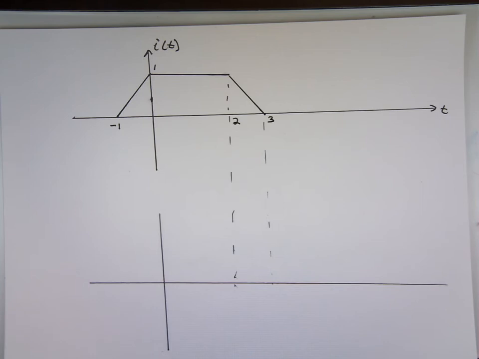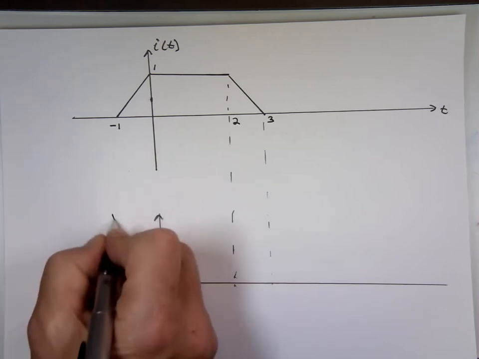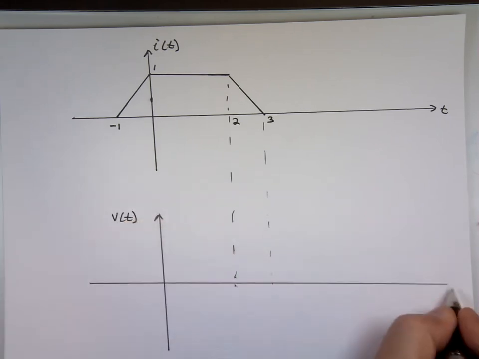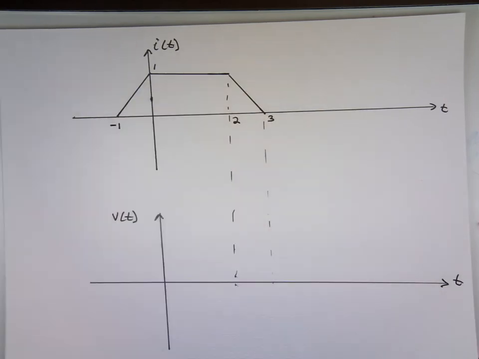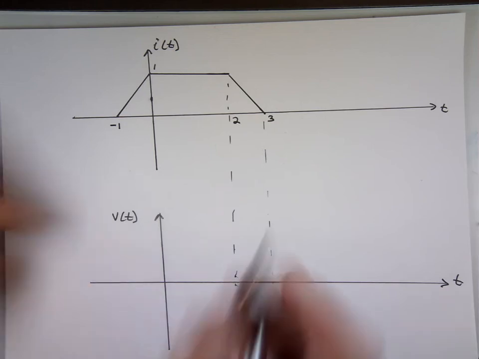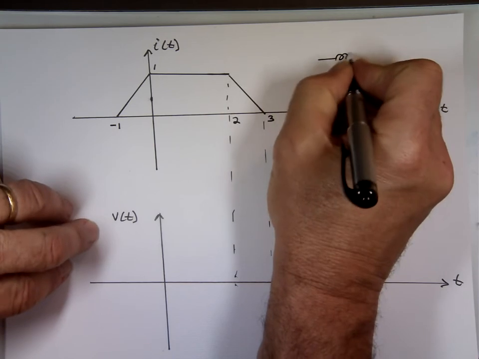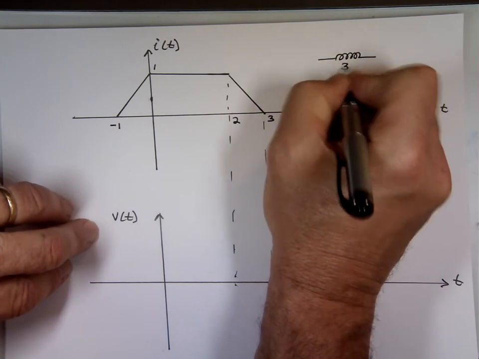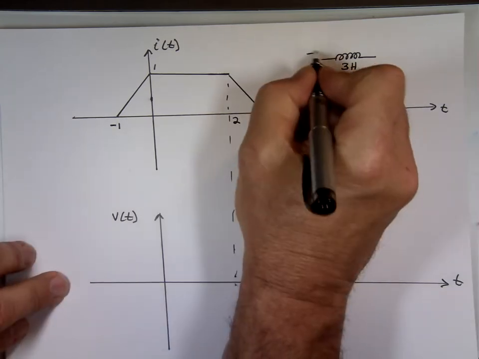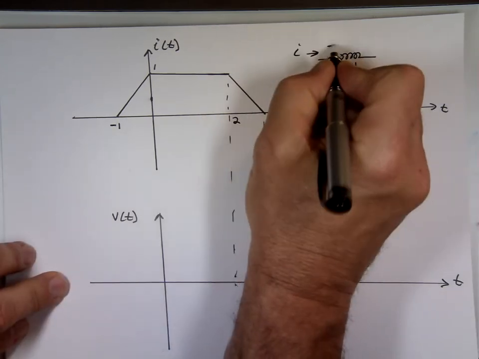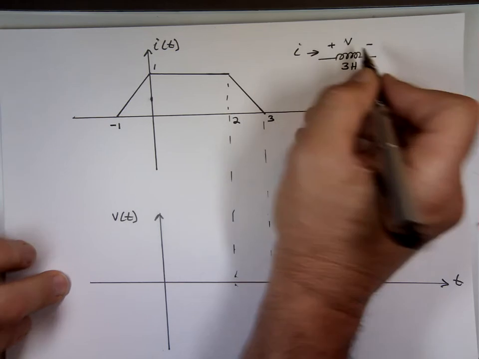And I want to find what the voltage is. So I'm making this one up. Assume this is your current through the inductor. We have an inductor, and the inductor has a value of 3 Henry. So I'm giving you the current going through it. That's I. Can you tell me what the voltage across the inductor will look like?